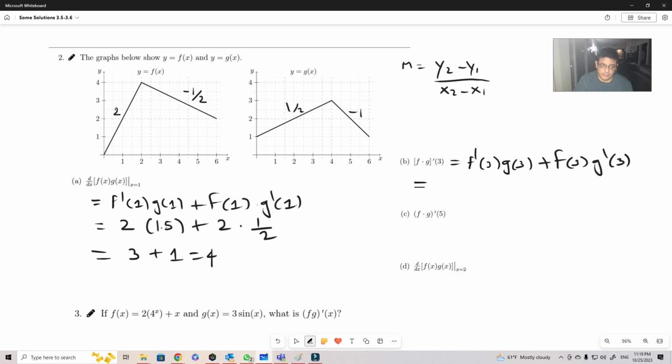If I go here in f and look at 3 over this line, f prime of 3 is going to be minus 1/2. g of 3 is g evaluated here, which is going to be 2.5. f of 3 is the image of 3 here, which is going to be 3.5.